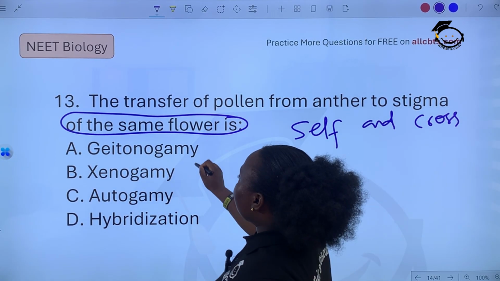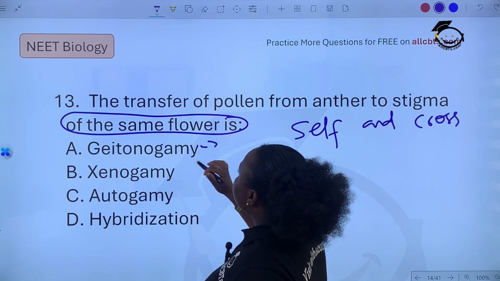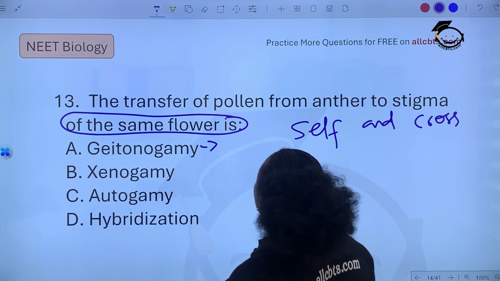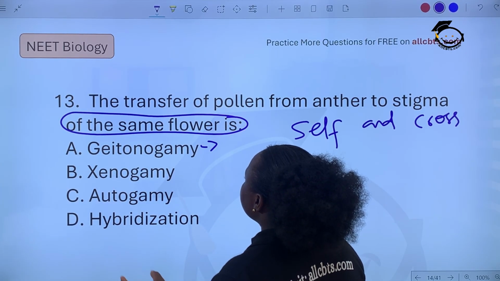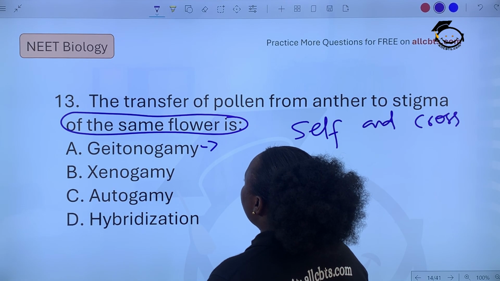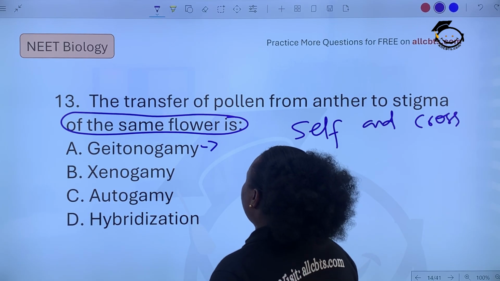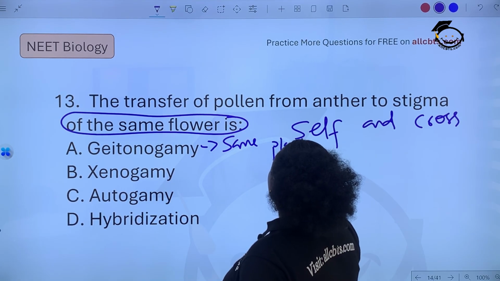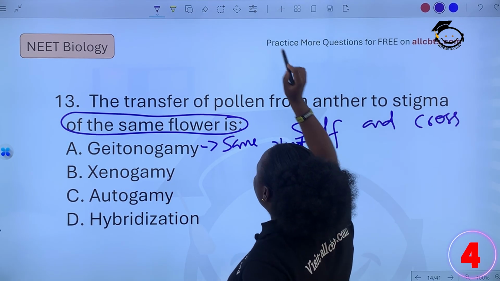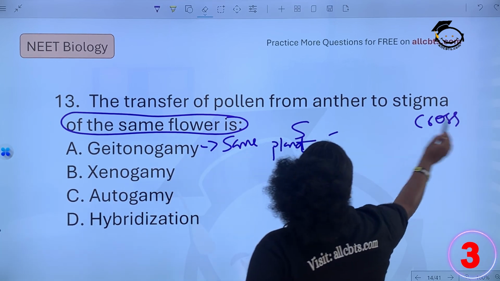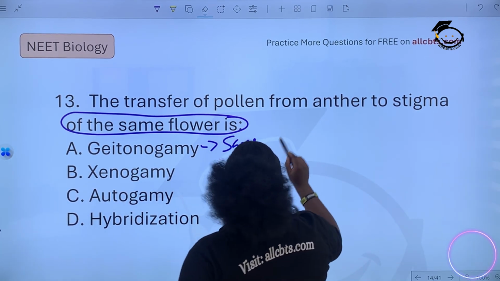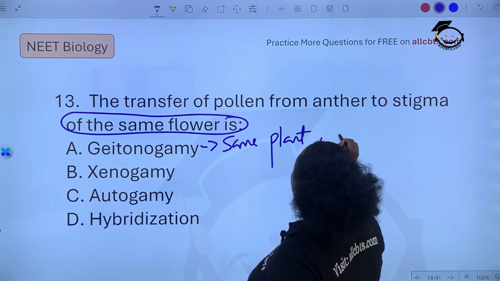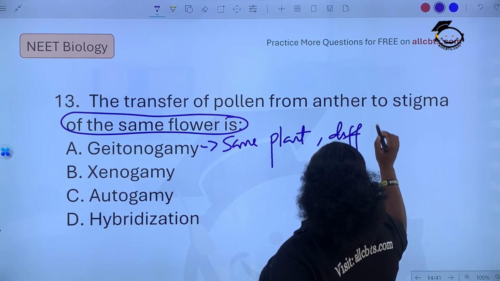Now, gaetonogamy is the transfer of pollen grains from the anther to the stigma of a different flower on the same plant. Same plant but different flowers. So on that plant, there are different flowers.